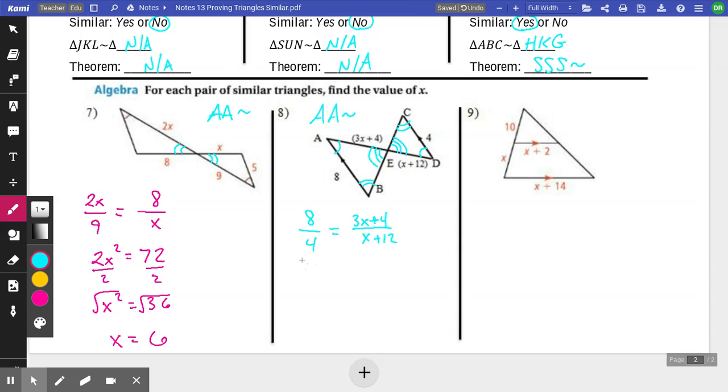Now cross multiplying, remember we do need to distribute here. We have 8 times (x plus 12) equals 4 times (3x plus 4). And distributing, what does that give us? It is 8x plus 96 equals 12x plus 16.